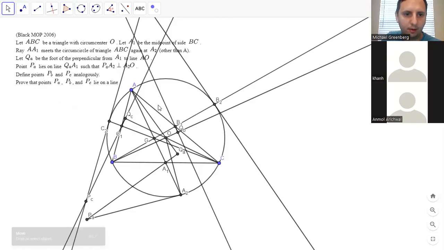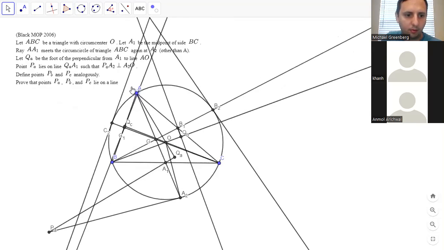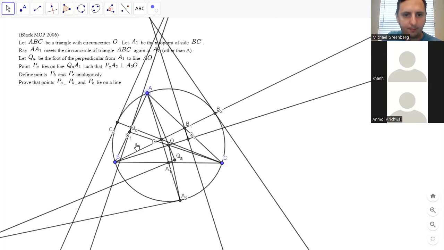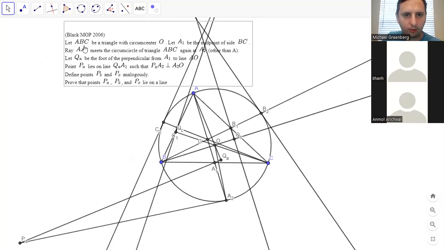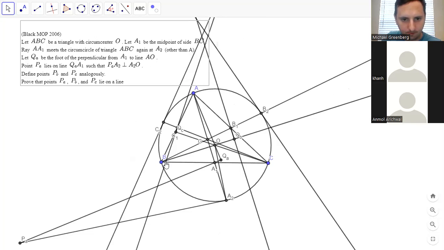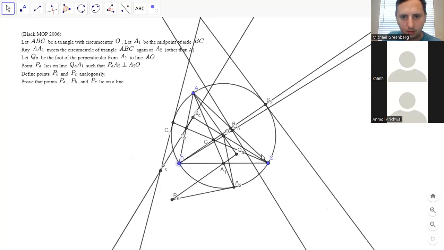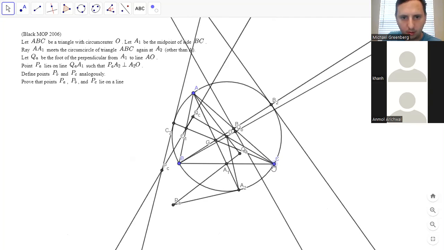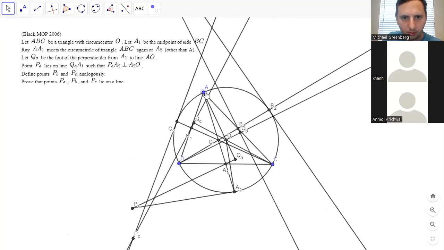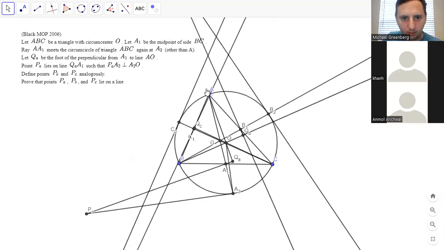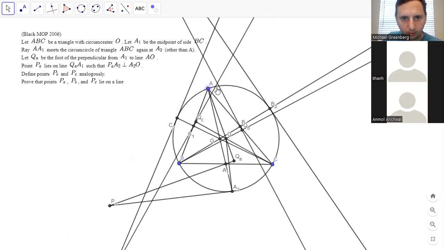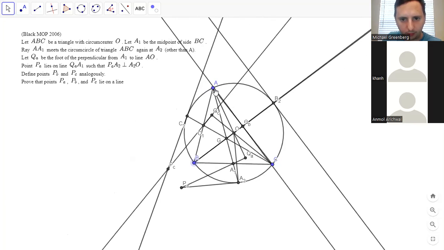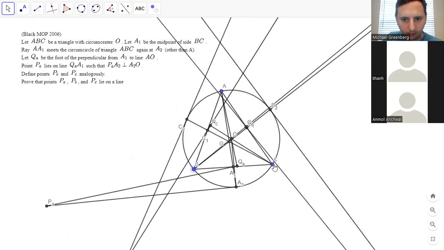Okay, so let's see if I can make that visible on the screen. It's kind of hard. Let me make it like a smaller triangle. Yeah, it's very hard to do. Let's think about the best way to do this. I could try to make it just like a really small triangle, maybe lower B and C a little bit.